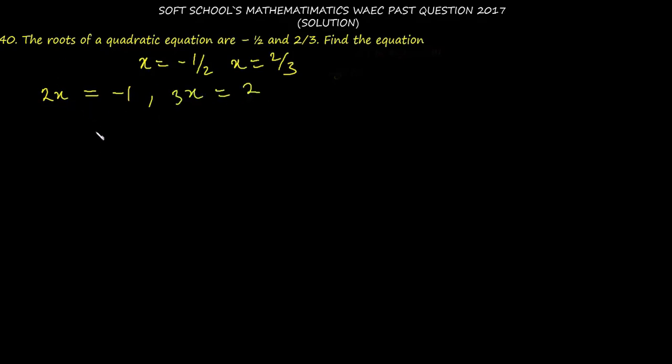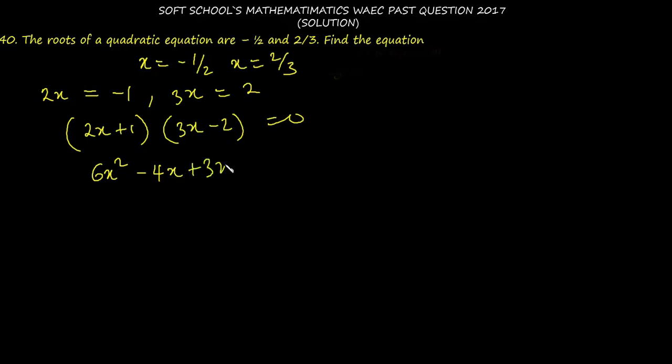So 1 will come to the other side, giving 2x plus 1, and we have 3x minus 2, everything equal to 0. Now 2x times 3x is 6x squared, 2x times minus 2 is minus 4x, 1 times 3x is plus 3x, and 1 times minus 2 is minus 2.